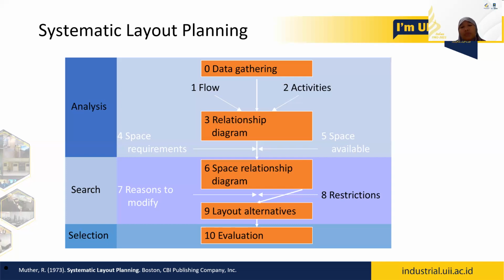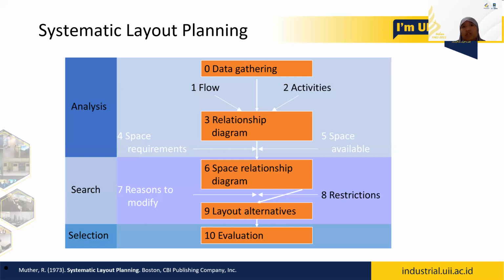And from this flow, we can later on get the rough idea on how the production department will be designed, and the list of activities will give you the list of the departments that should be inside your facility.